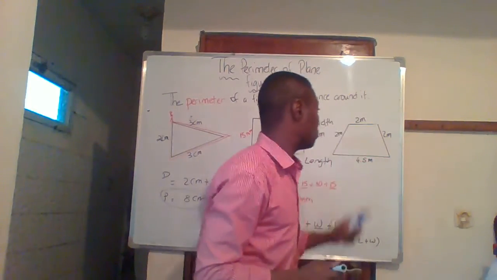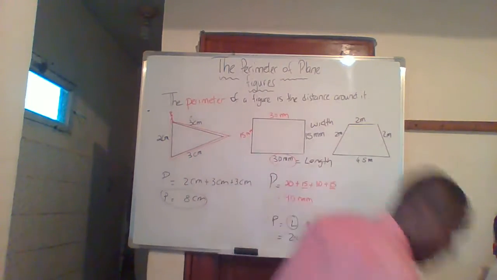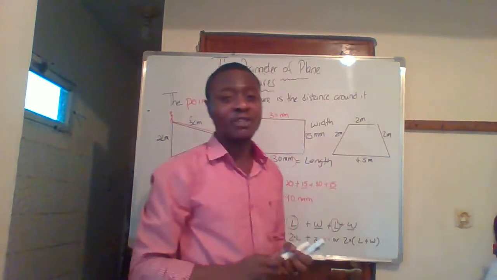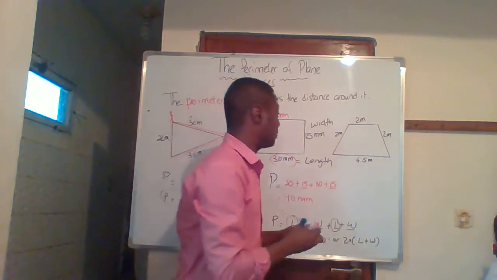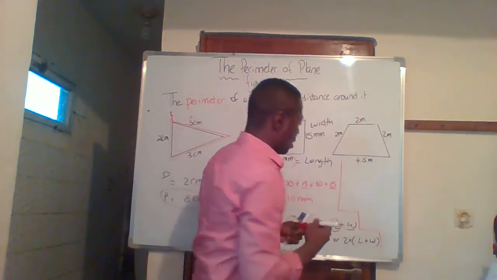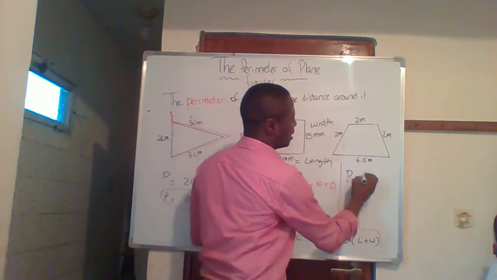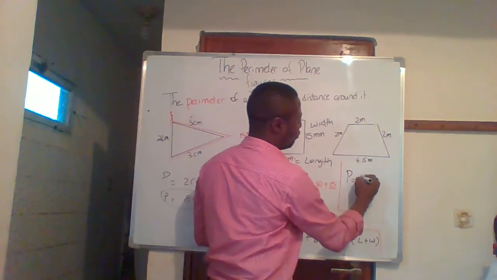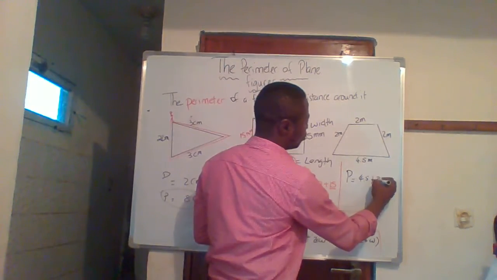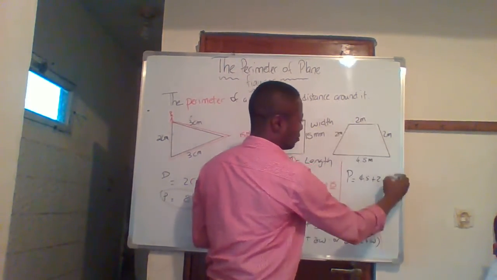Now let's move on to the trapezium. How do you determine the perimeter of a trapezium? Same concept. So I want to put a line here to put the limit. Okay, I'm going to add. The perimeter is equal to, I'm going to start from here, 4.5 plus 2 plus 2 plus this 2 and plus that 2.